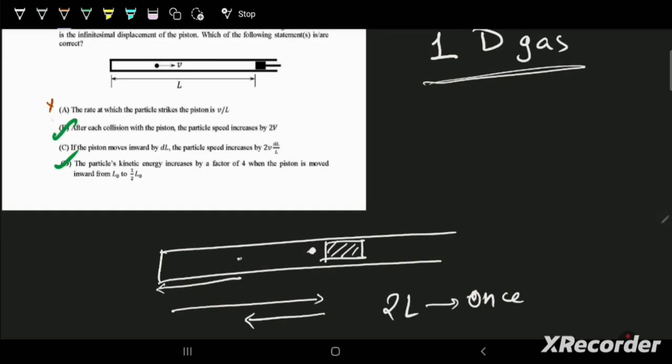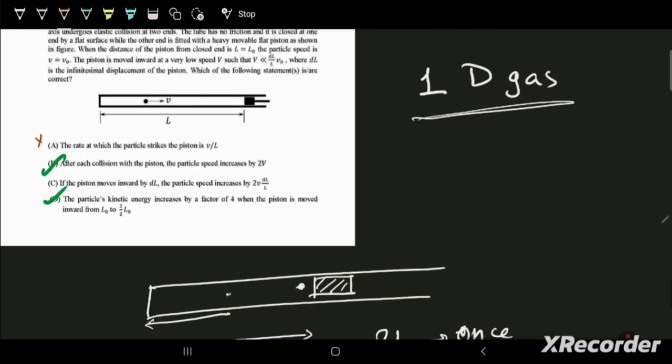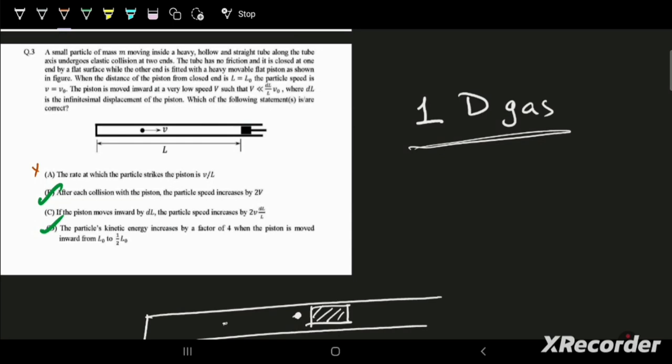Let us discuss the second option. The second option says that after each collision with the piston, the particle speed increases by 2V. Of course, because the piston velocity capital V is much less than dl by L into v naught, it's going very slowly.